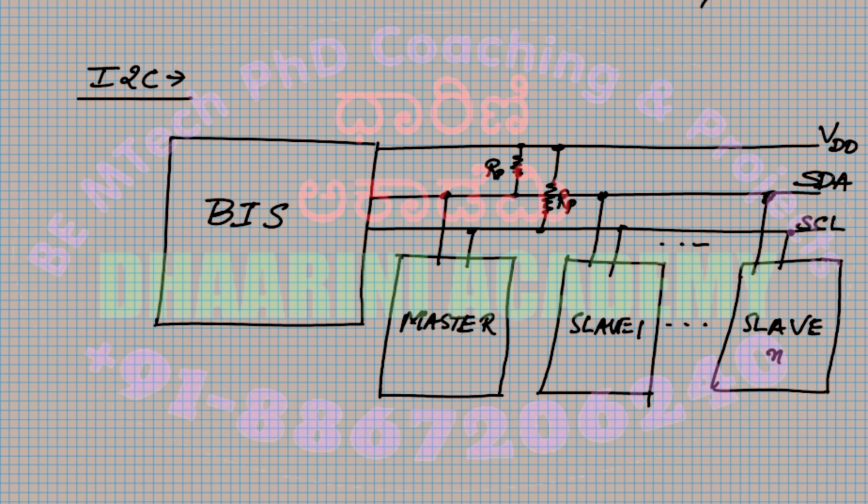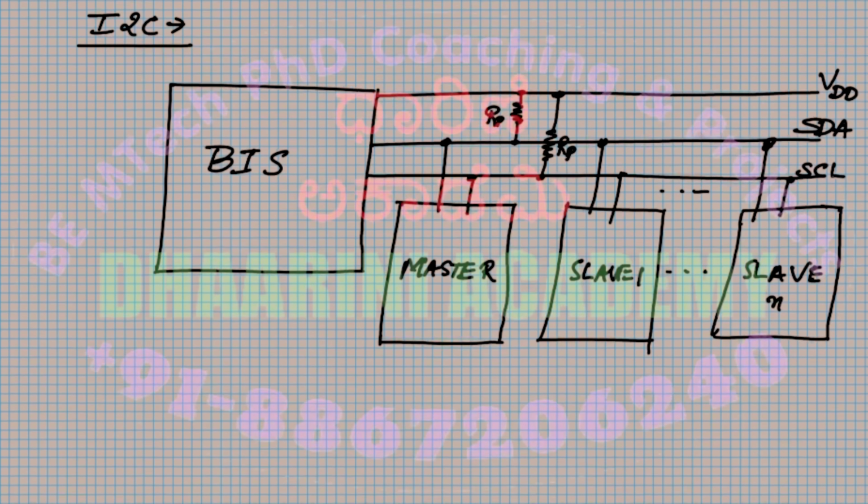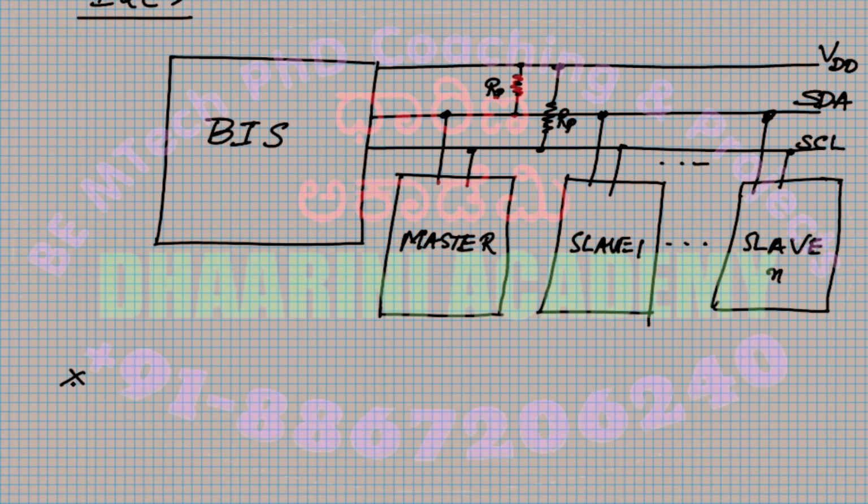Now let me write two points over here, which will be helpful. The first point is just two wires. This is actually an advantage of I2C over many of the other protocols. The data will be sent or received using SDA, serial data.